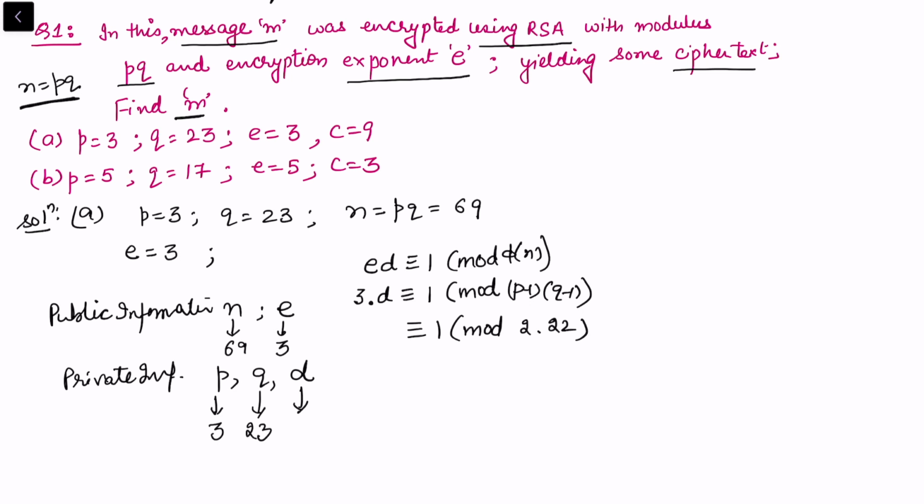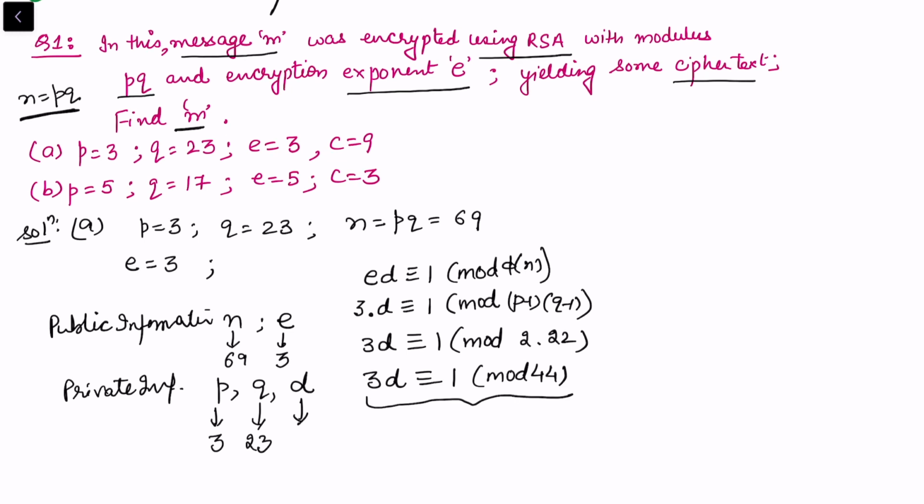We know the values for P and Q, so we can calculate this. This is congruent to 1 mod 44. Now to find D, we can try all possible values quickly by trial: 1, 2, 3, 4, and so on, and we'll find D is equal to 15, because 15 times 3 is 45, and 45 minus 1 is 44. So D equals 15 works, and now we have the information for D.